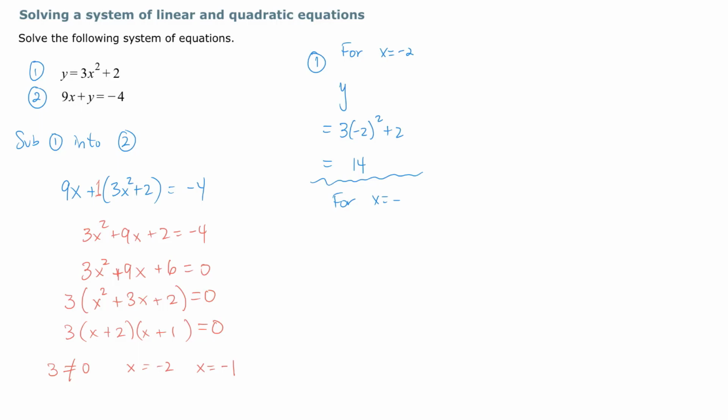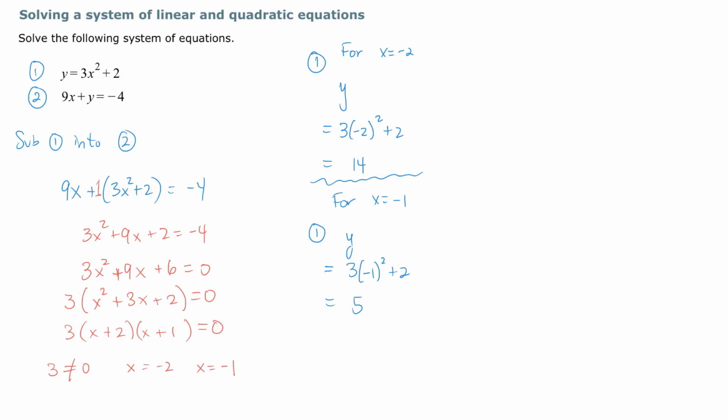For x equals negative 1, we're still going to use equation 1. And we're once again going to use a substitution method. So y is equal to 3 times negative 1 squared plus 2. And that is 5. So what does our final answer look like?